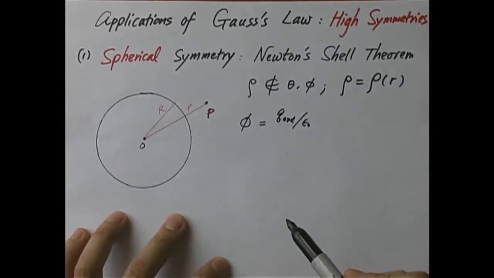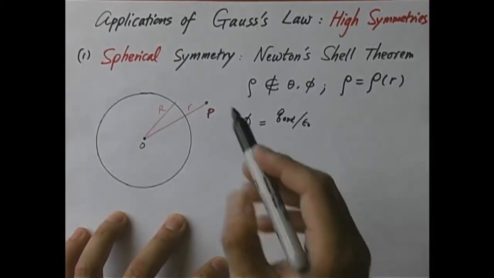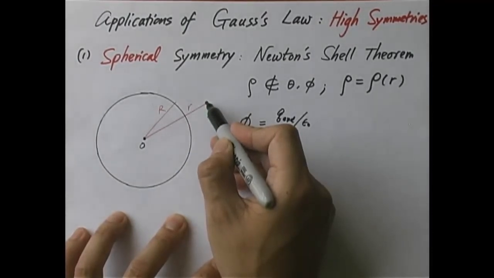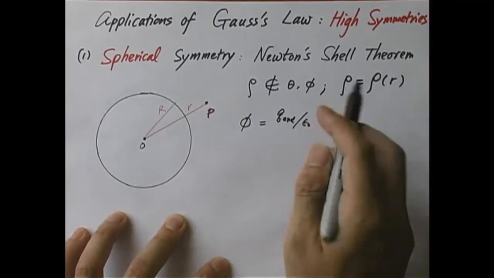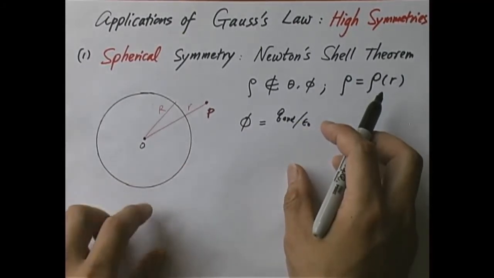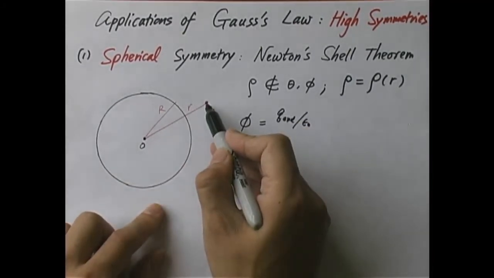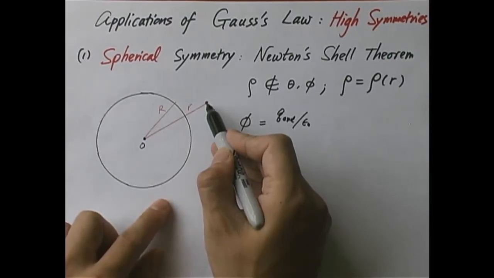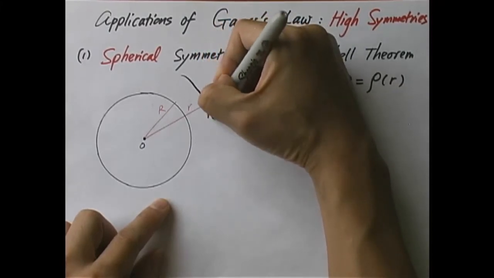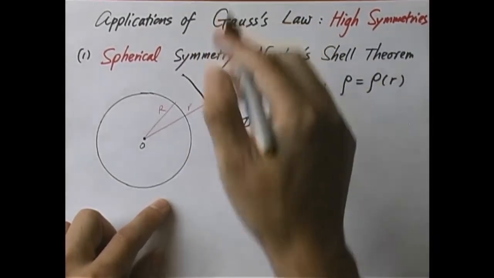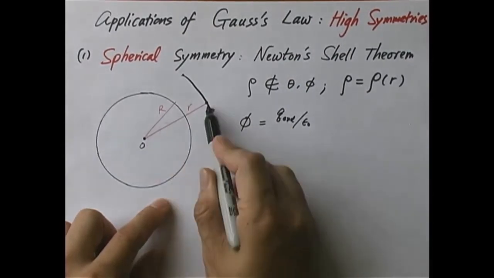Well, why don't we choose a surface that reflects the symmetry by drawing a sphere? Suppose we want to calculate the electric field at point P, a distance r away from the center. In order to do so, I must draw a Gaussian surface passing through point P because I want to know the electric field at that point. And I want to draw a spherical Gaussian surface centered at point O, but passing through point P. In other words, the radius is r.